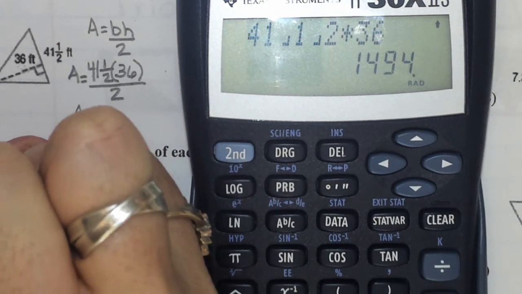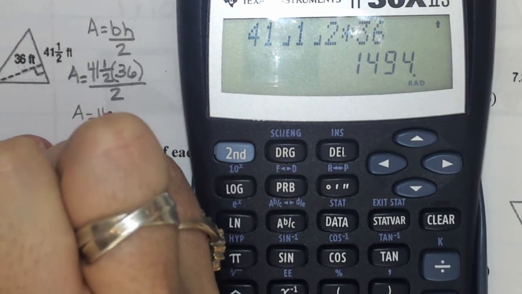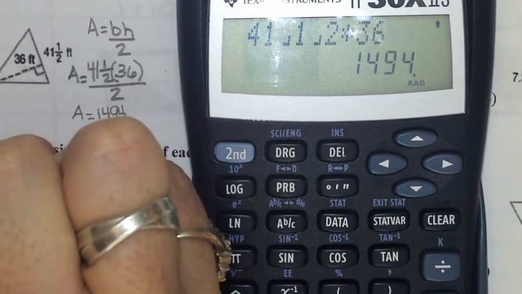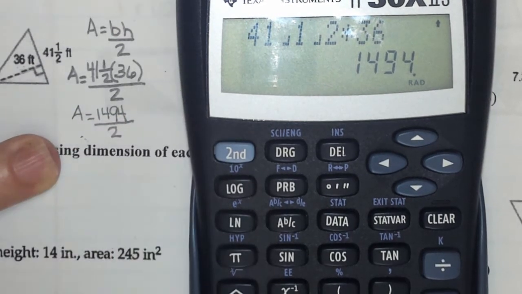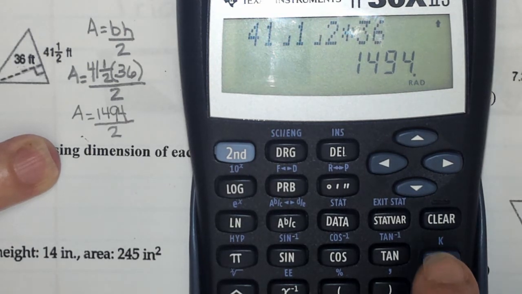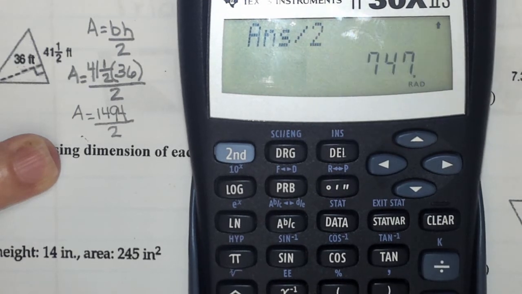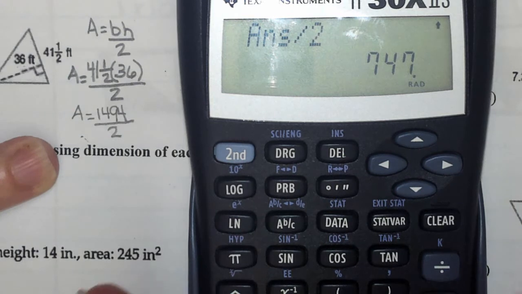Look at that. Now remember, that is the top number, and you have not divided by 2 yet. Okay, so divided by 2 equals 747.